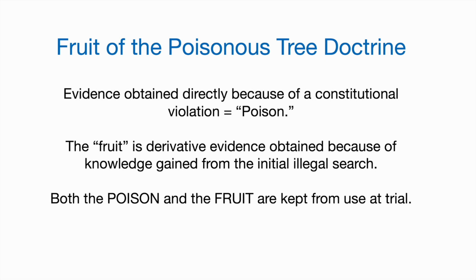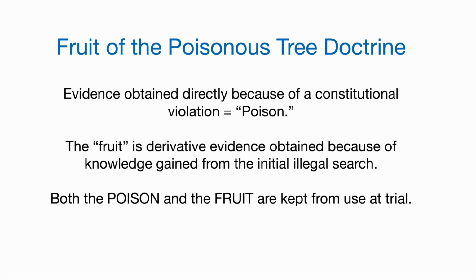The poison is evidence that is obtained directly because someone violated the defendant's constitutional rights. That's the poison, or the poisonous tree. Fruit, in this example, is derivative evidence obtained because of knowledge gained from the initial illegal search. Both the poison and the fruit are kept from use at trial.